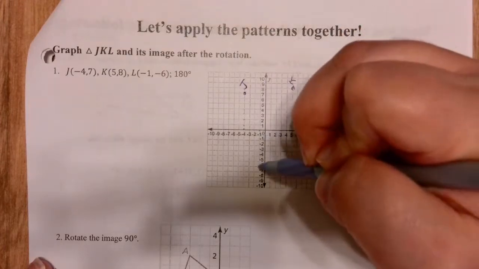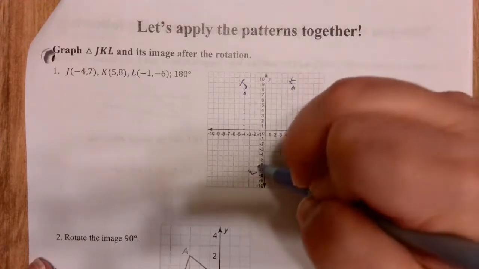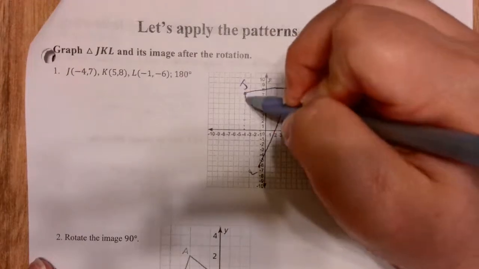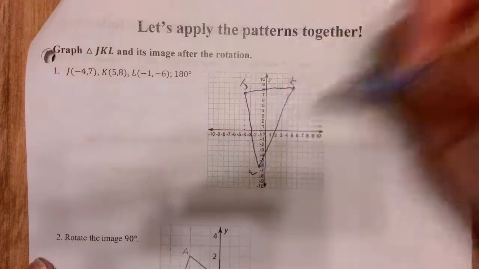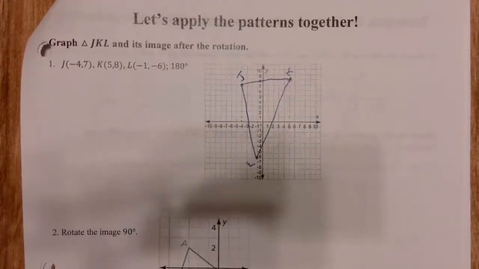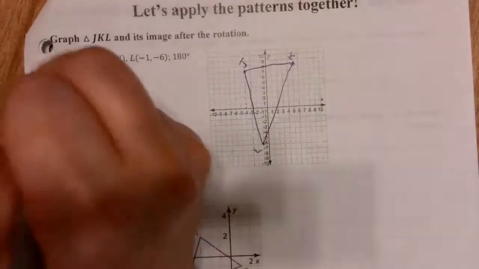That means left 1, down 6. And it's a triangle. If you want a straight edge, try the side of an ID or a side of a piece of paper. Now we need to go ahead and figure out what the rule is and apply the rule.